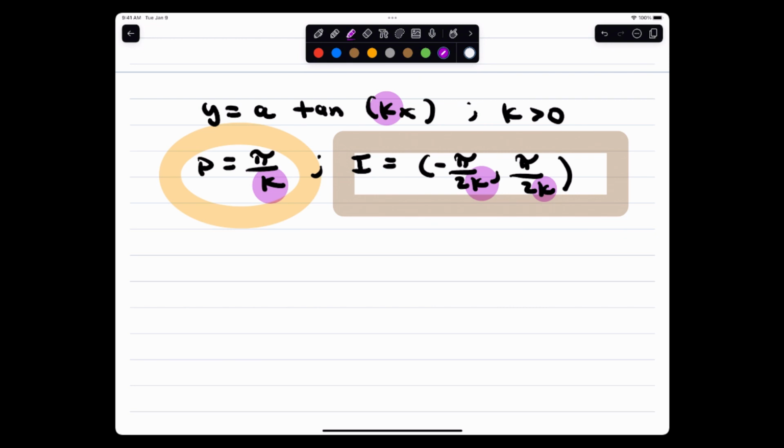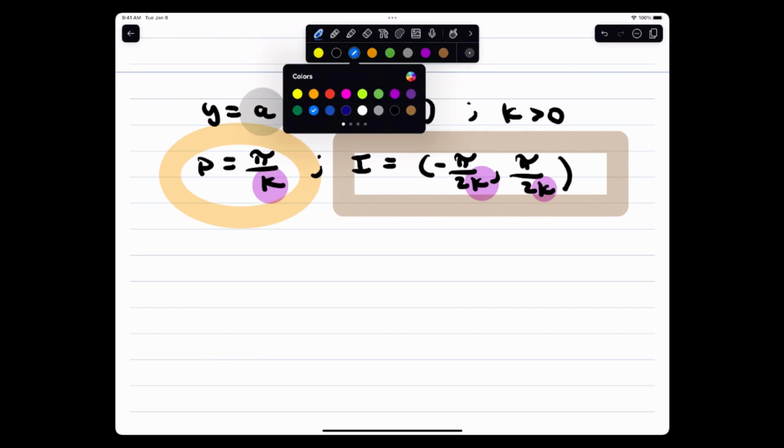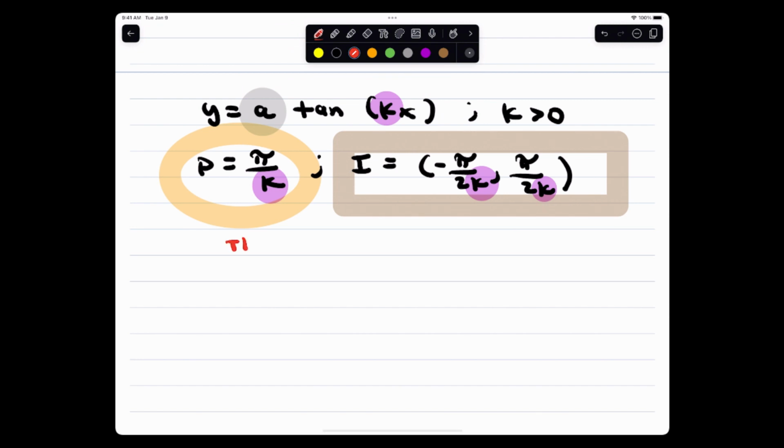Even though you have an a value here, and I'm going to get my red out because this is important. There is no amplitude for tangent.